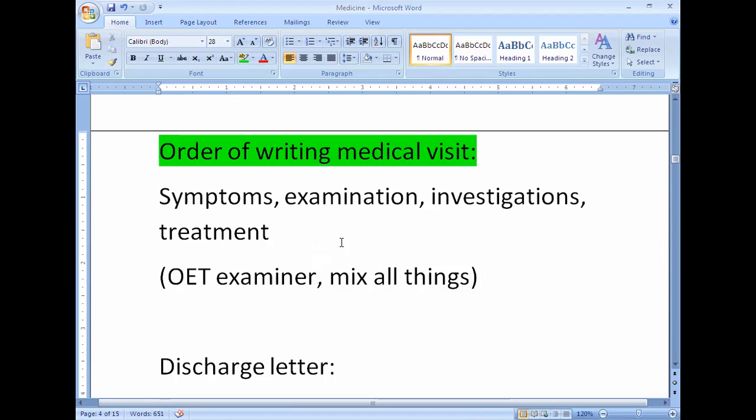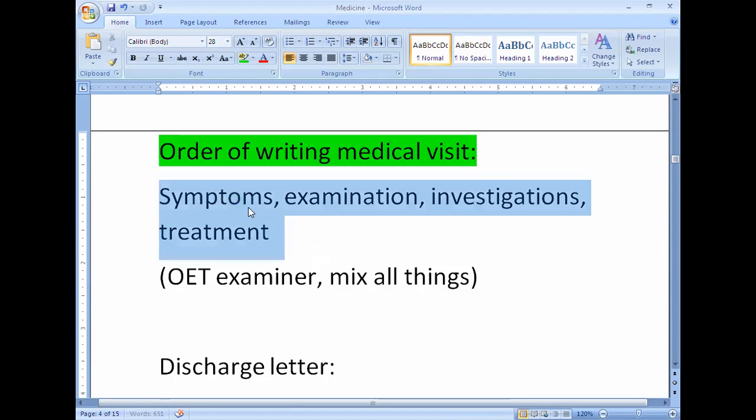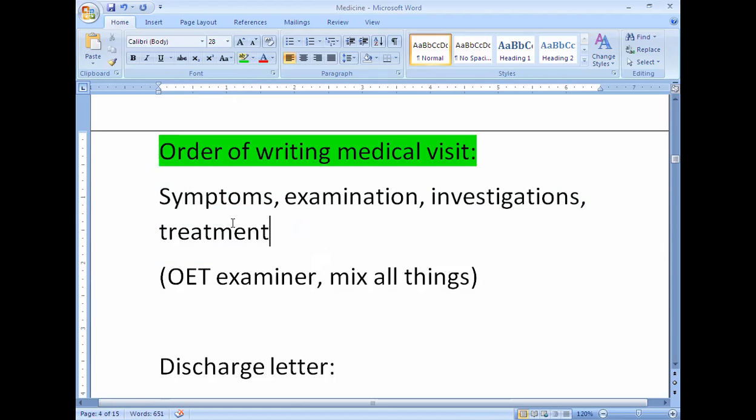But why are they doing this? To confuse us, to test whether the OET students can organize information.